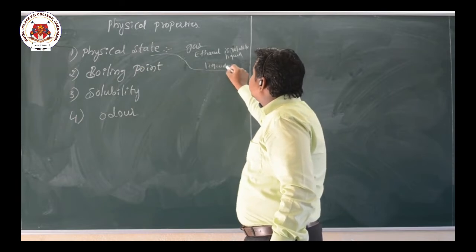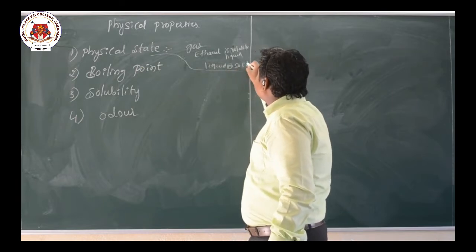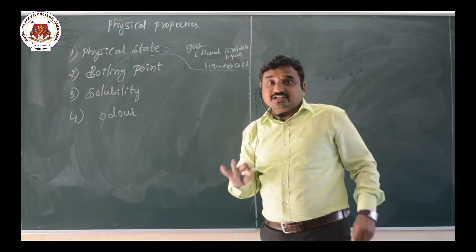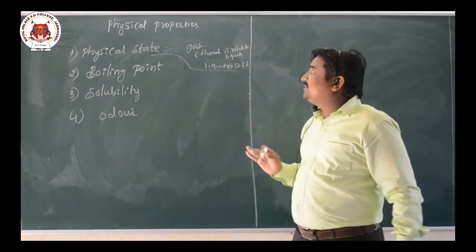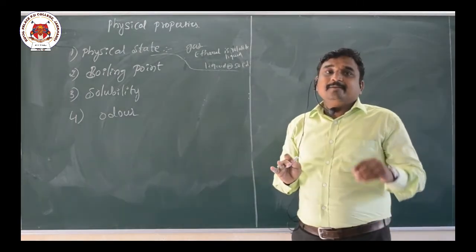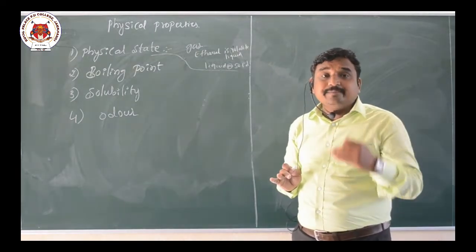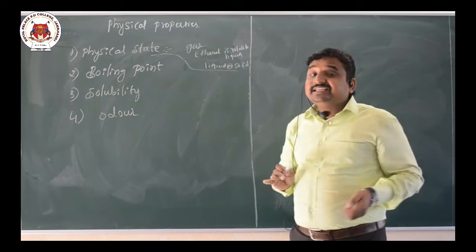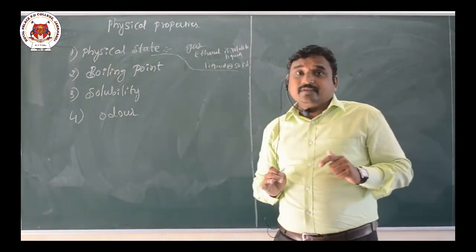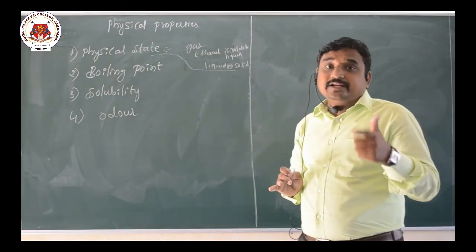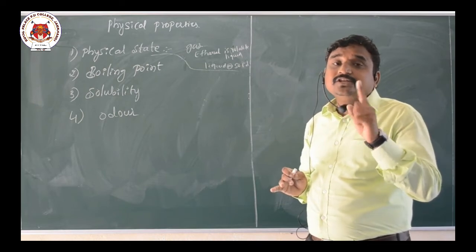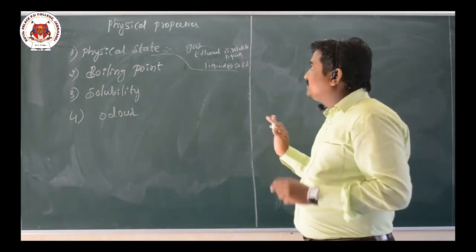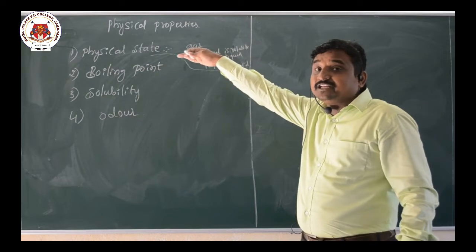So this is the physical state of aldehydes and ketones. Methanal at room temperature is a gas, whereas ethanal is a volatile liquid, and other aldehydes and ketones at room temperature are solids or liquids. So this is the first physical property, physical state.